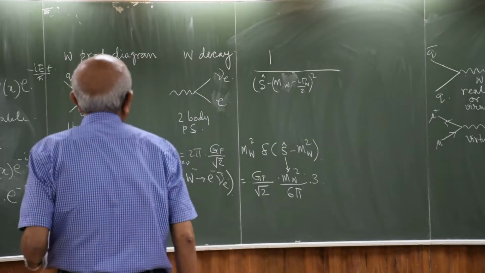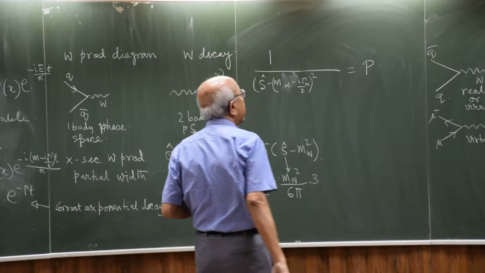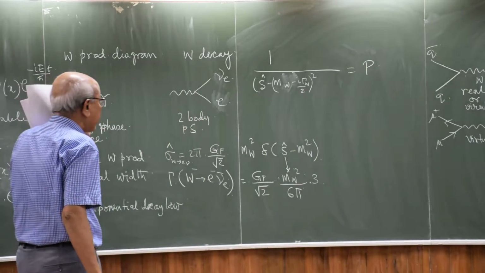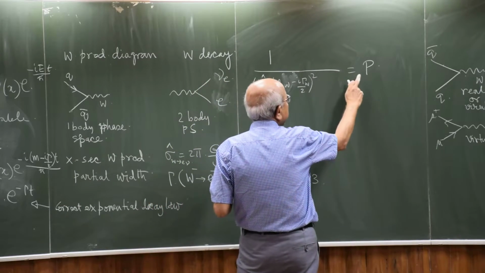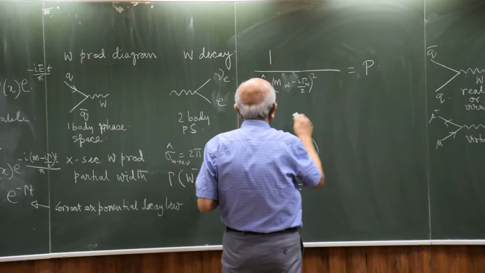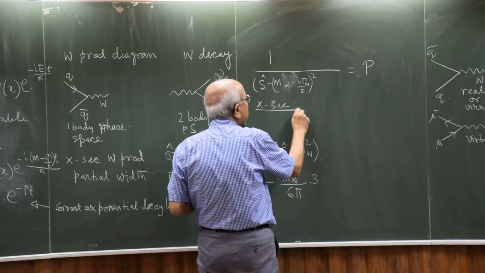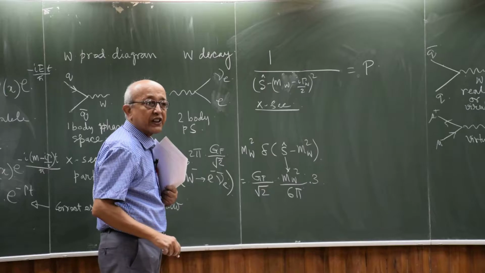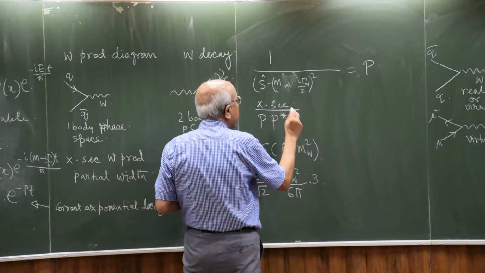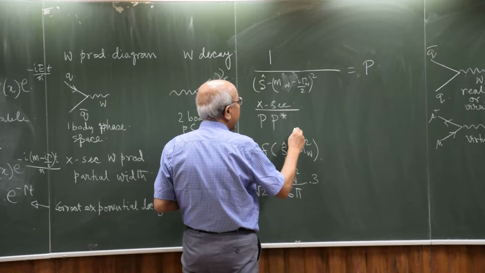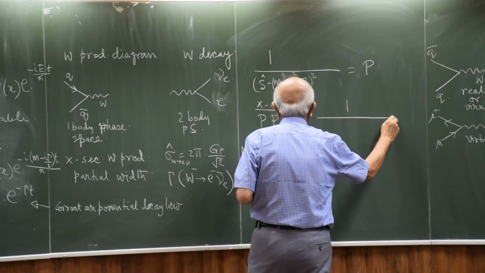So this, let me call this P. So this comes in the amplitude. So therefore in the cross section, what you will have, mod square of the amplitude is the cross section. So what you have here is P P star, and this is equal to exactly the term I have written.